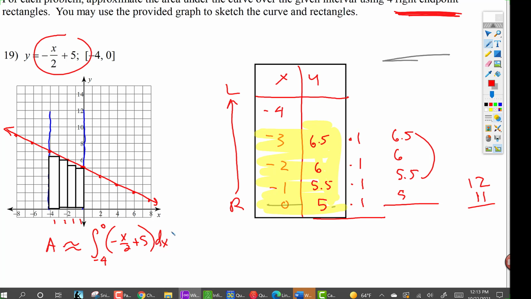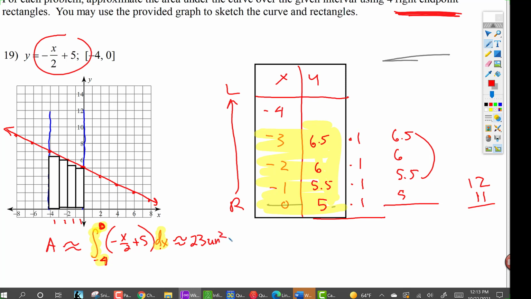This dx right here always accompanies this notation. If you don't have the dx, dy, dt, d whatever, then you're not integrating. You're not finding the area under a curve or volume or whatever. So now you can put the approximation, and we got about 23. And remember, this is area, so units squared.